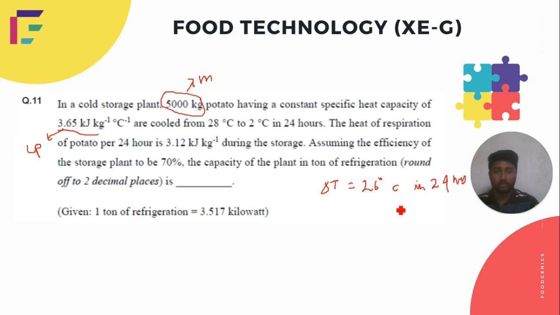Now the heat of respiration of potato per 24 hours is 3.12 kilojoule. This is heat of respiration, per kg. So if we calculate the total heat of respiration, then it will be equal to 5000 into 3.12 kilojoules.